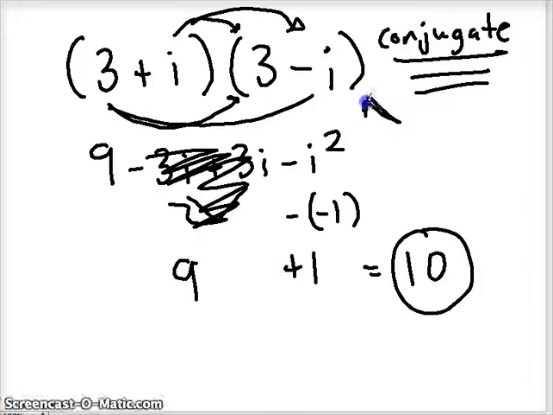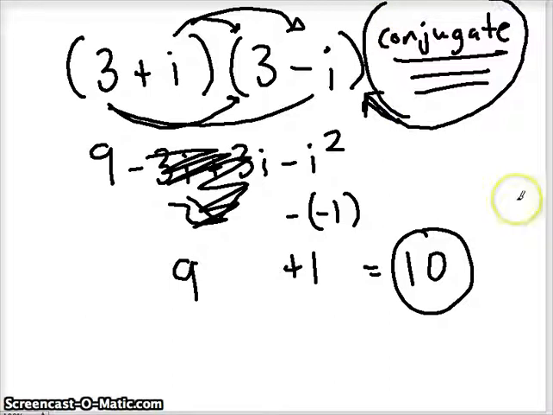This right here is known as the conjugate of this. So conjugates are the same numbers with just different signs in between them. And we will use this thing called the conjugate to divide complex numbers. So that's our last bit of math with complex numbers, and it's by far the trickiest. But if we know how to find the conjugate, we will be able to divide complex numbers. So you'll see that in the next video.